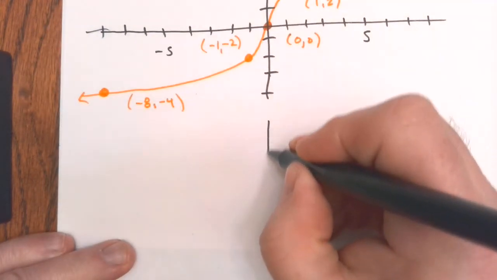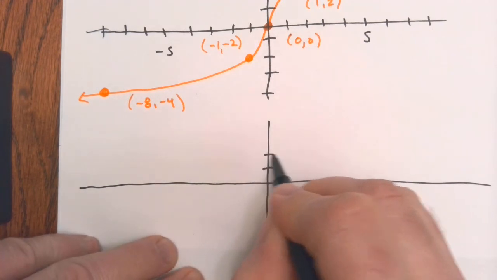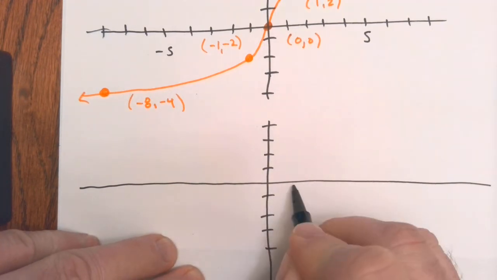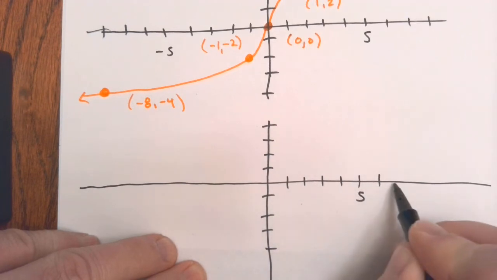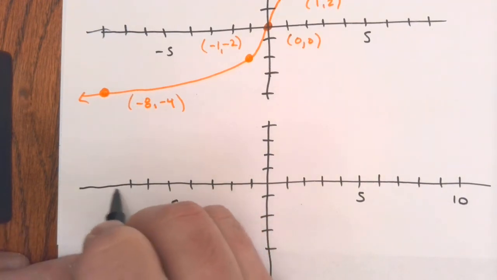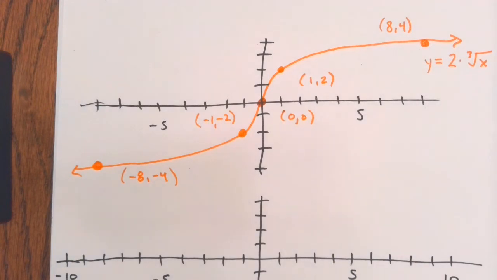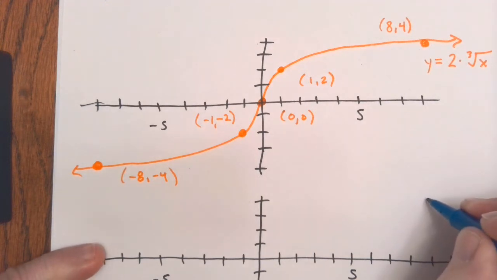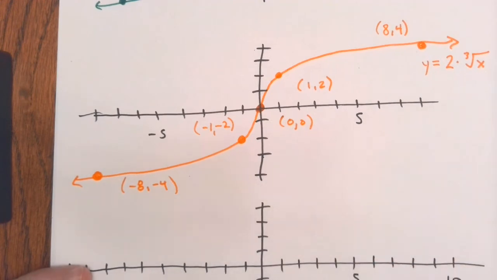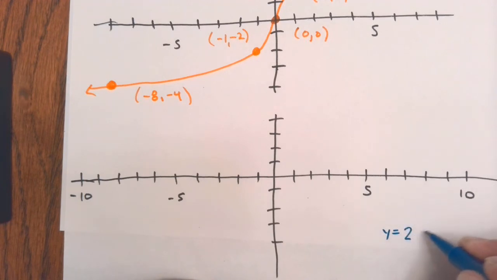So to finish the graphing part of this, I want to take the graph that we had in our last step, and I want to do our graph, which is, let me put it down here, y is equal to our original, which is 2 times the cube root of x minus 2 minus 1.